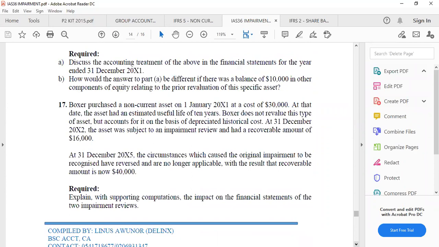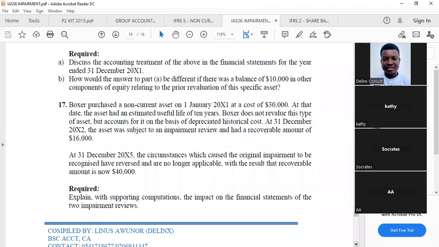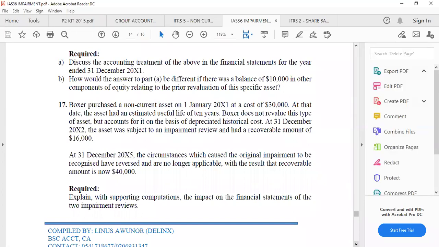Okay, let's look at question 17. Who is reading? Kevia, read for us. Question 17. Boxer purchased a non-current asset on 1st January 2001 at a cost of $30,000. At that date, the asset had an estimated useful life of 10 years. Boxer does not revalue this type of asset, but accounts for it on the basis of depreciated historical cost.